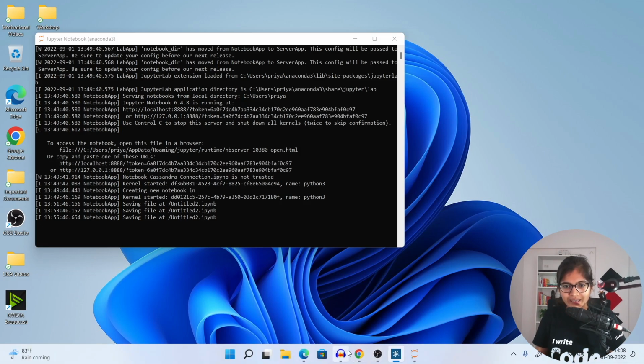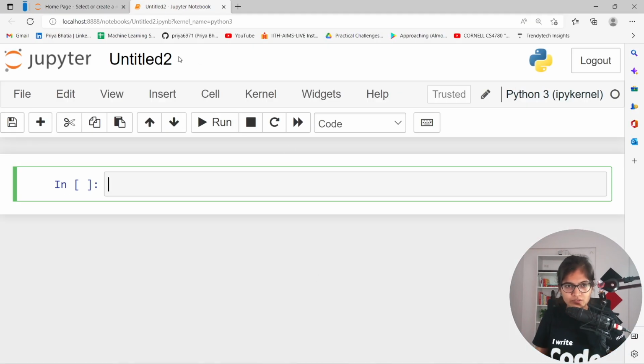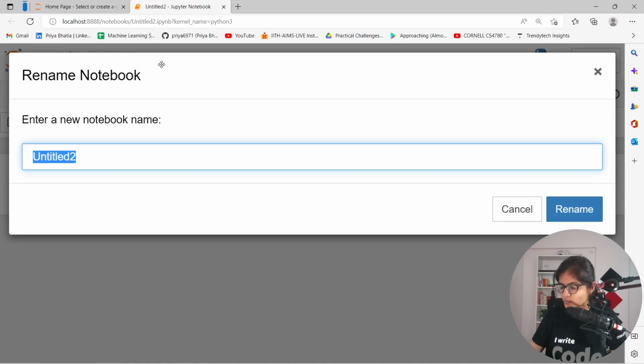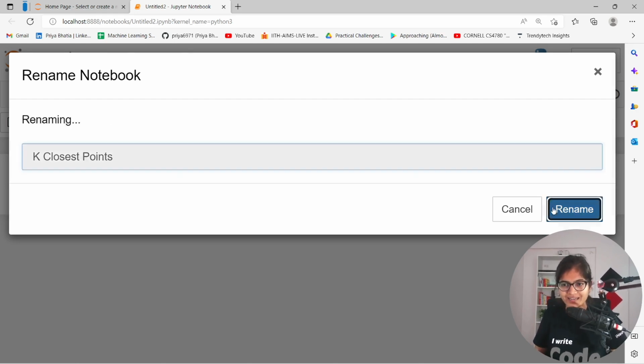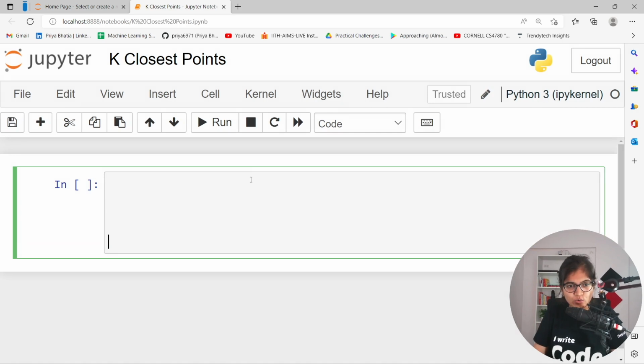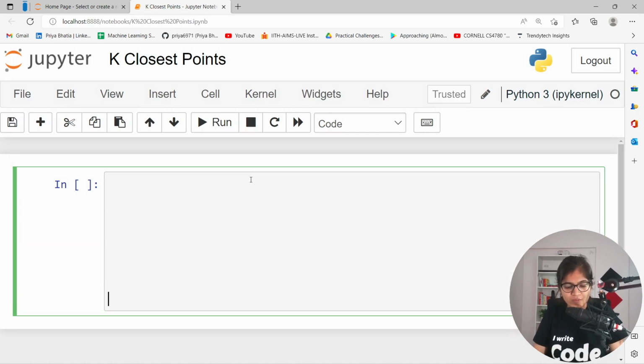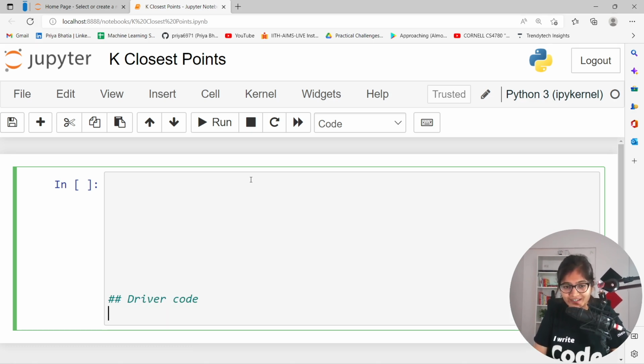Let me open the Jupyter notebook again. So this is what we want to find out, the k closest points here, right? We want to find out the k closest points. Let me rename it. What I can do here is first write the driver code. Inside the driver code, I need to write the points that we have.